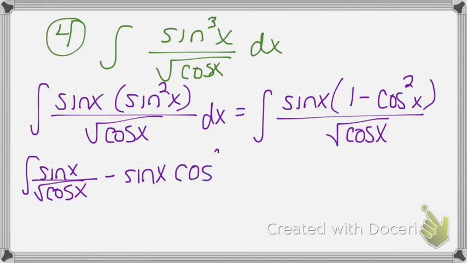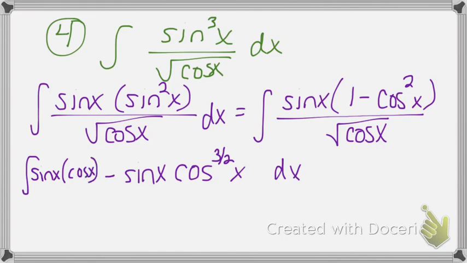Or you can put cosine of x in parentheses to the 3 halves. If it helps you to rewrite this right here as sine of x, cosine of x to the negative 1/2, that would also be a good thing.